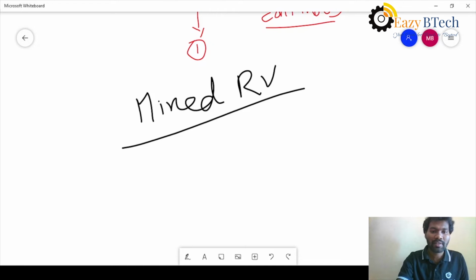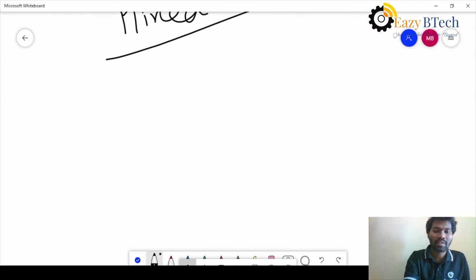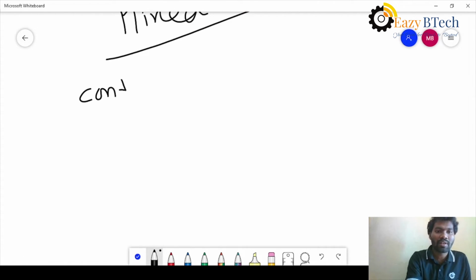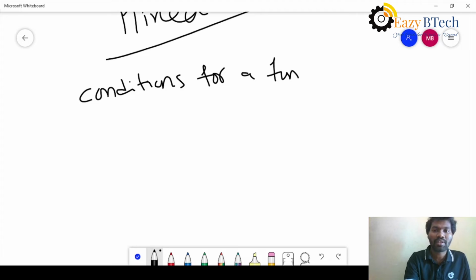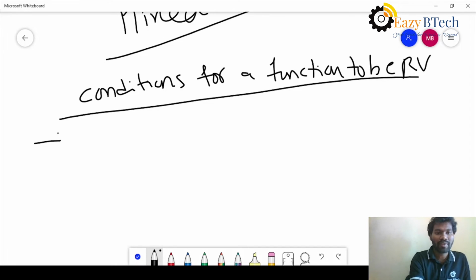Now the next one might be a small question: conditions for a function to be a random variable. There are two conditions.